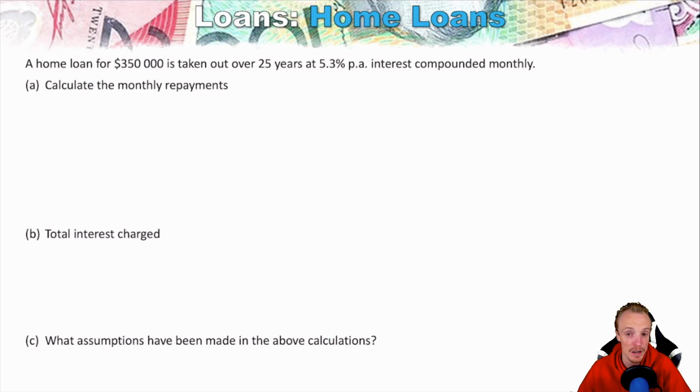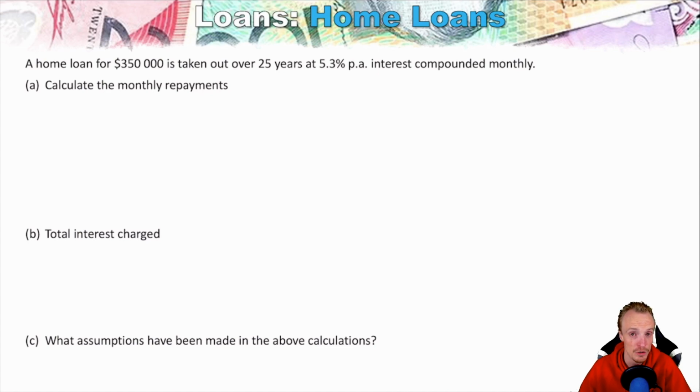Now, the difference between a home loan and other common types of loans, such as car loans or personal loans, is that the amount that you're loaning is generally substantially higher, so commonly in the hundreds of thousands of dollars. It's generally taken out over a substantially longer period of time, so commonly between 20 and 30 years, and the interest rates tend to be lower.